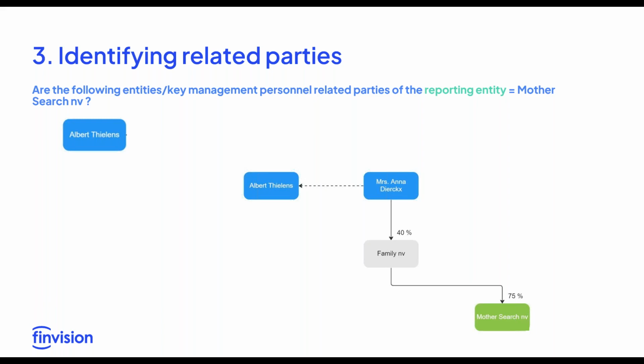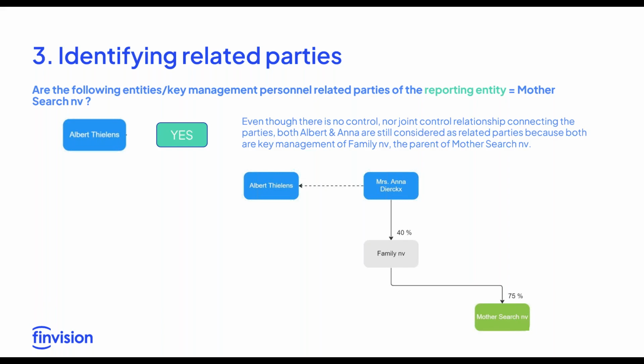Is he related party? Well, here the answer is yes, because we said Albert Tillens is in fact key management of family NV. And family NV is the parent of Mother Search, so that's sufficient to say that we have related party between Mother Search and Albert Tillens. And that's also the case for Anna Dirks for the same reason.